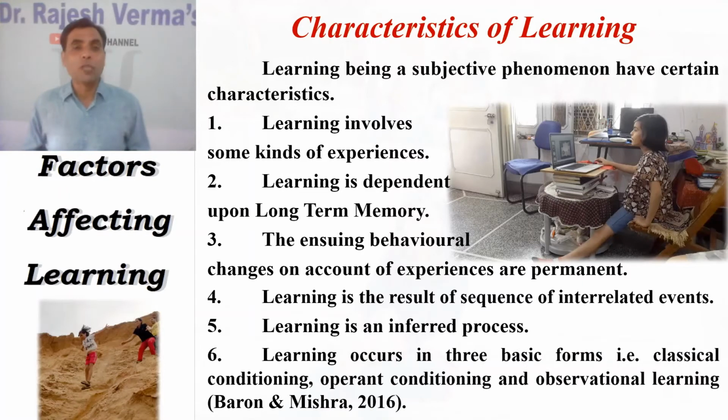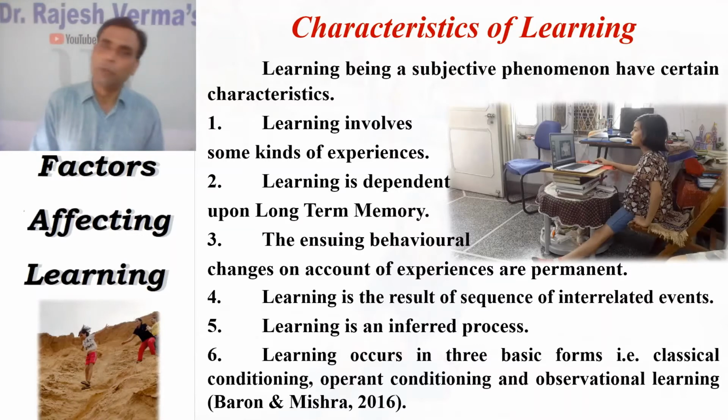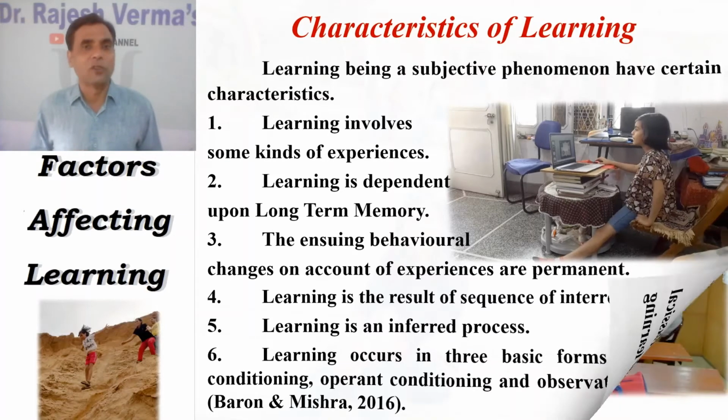And the last one is that learning occurs in three basic forms: classical conditioning, operant conditioning, and observational learning. Sometimes the Gestalt school of thought also adds that learning occurs due to insight. So dear friends, these are the six characteristics of learning.